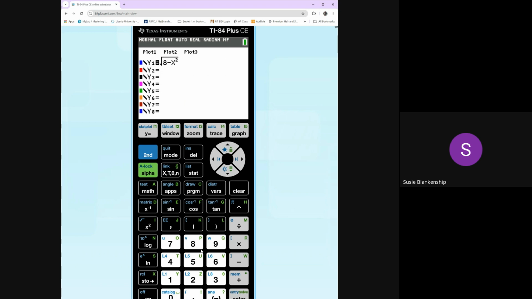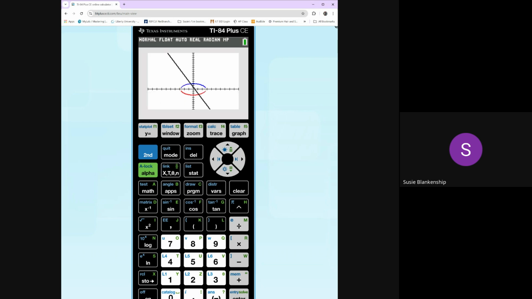Enter. y2 was the negative of it, negative square root of 8 minus x squared. And then the last one was the line, negative 3x plus 1. Okay.